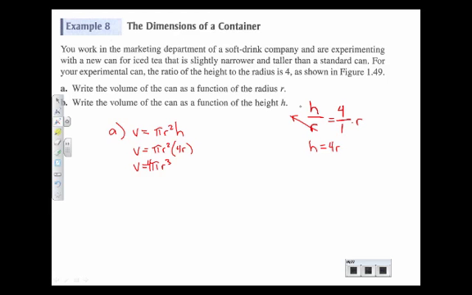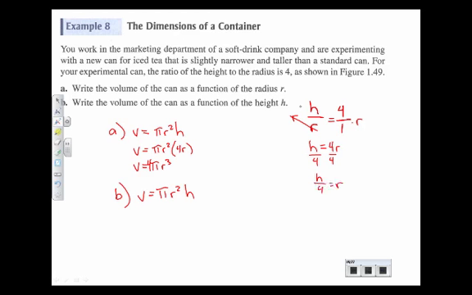If we wanted to do the same thing with volume as a function of height, v equals pi r squared h, that means that we only want h in our final answer. Got to get rid of the r. Let's get r by itself here. We could do this and divide by 4. H over 4 equals r.